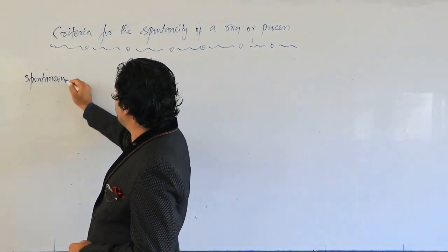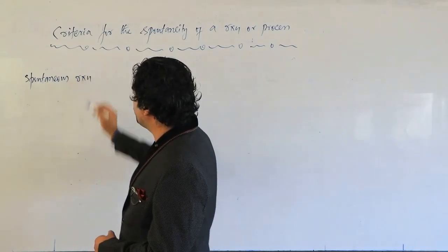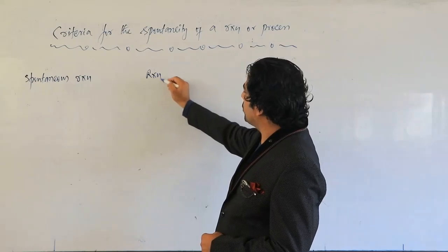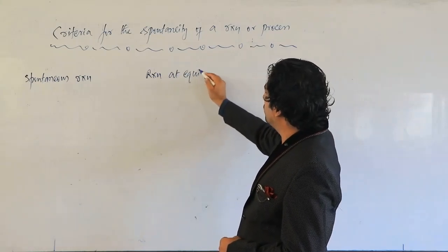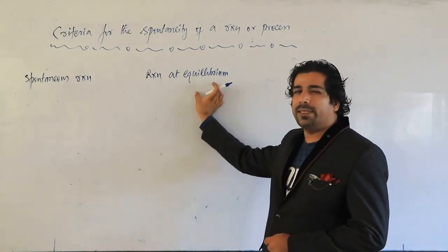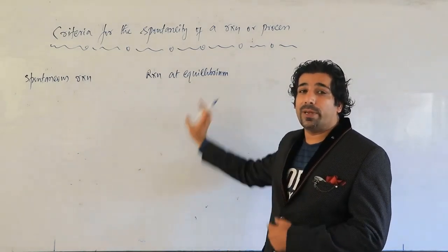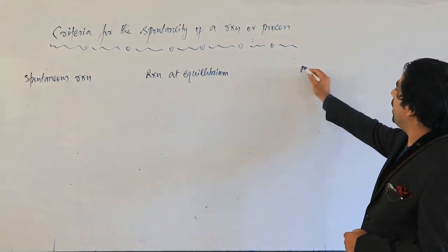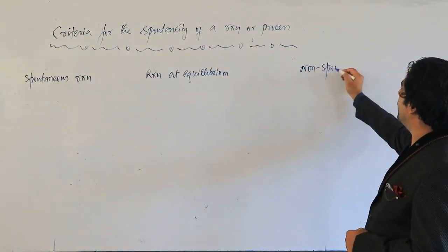One is spontaneous reaction. Then I will take up reaction at equilibrium. This term you will understand in detail in the chemical equilibrium chapter, but here, let's have a little idea about it. And then I will talk about a non-spontaneous reaction.